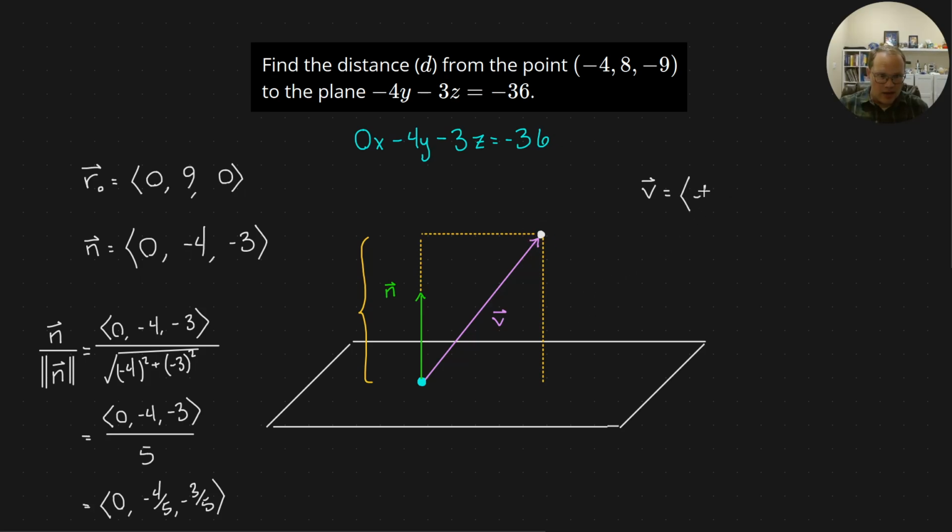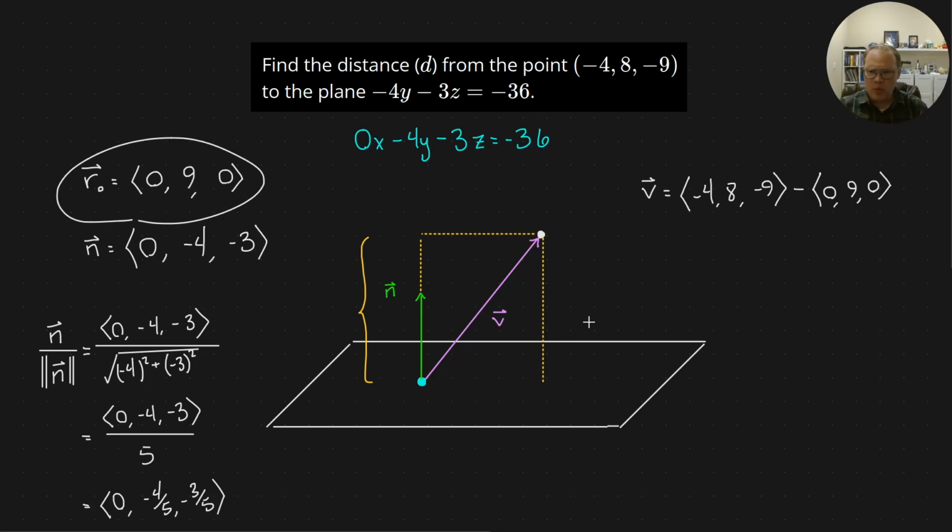That's -4, 8, -9, minus the point I'm starting at, 0, 9, 0. Again, any point here will work. If you chose a different point, you can still get the correct answer at the end. So if I do the calculation here, I get -4, -1, and -9.